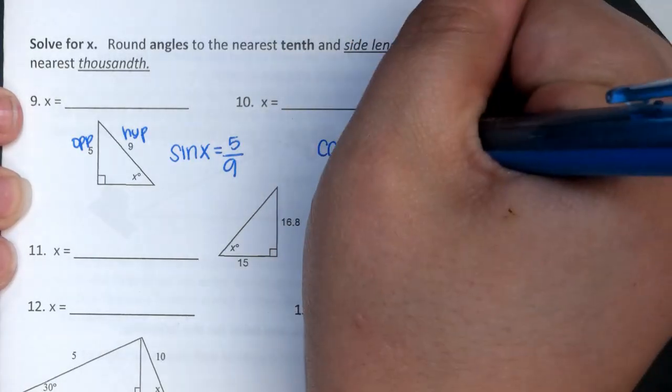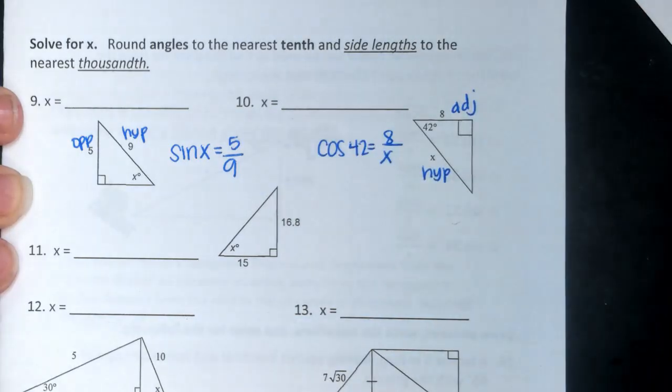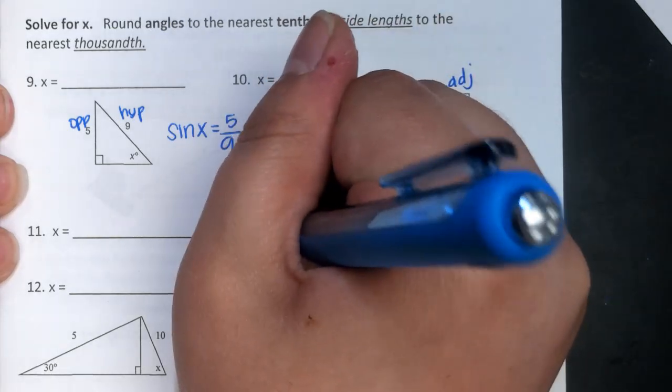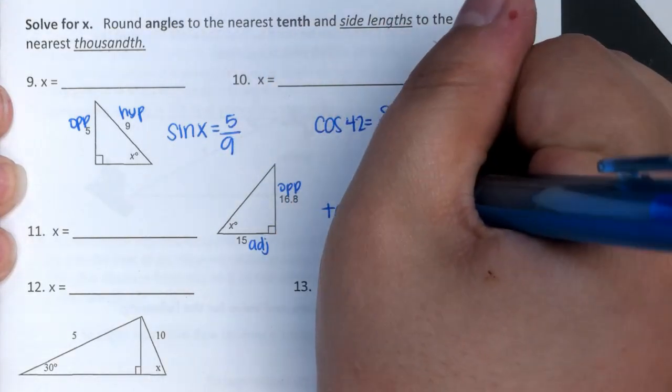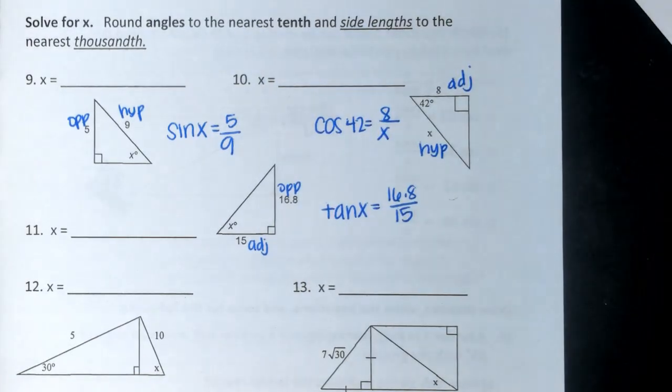So the cosine of 42 equals adjacent over hypotenuse. And I have opposite over adjacent. Those are the equations to help you set up.